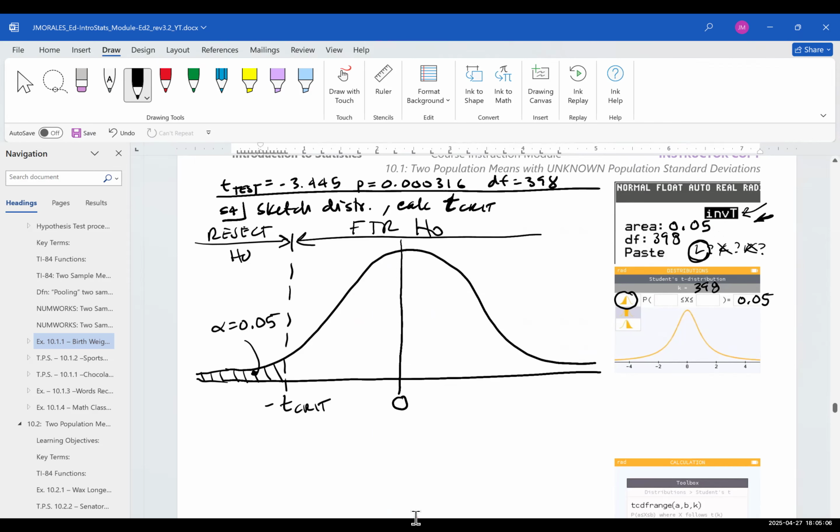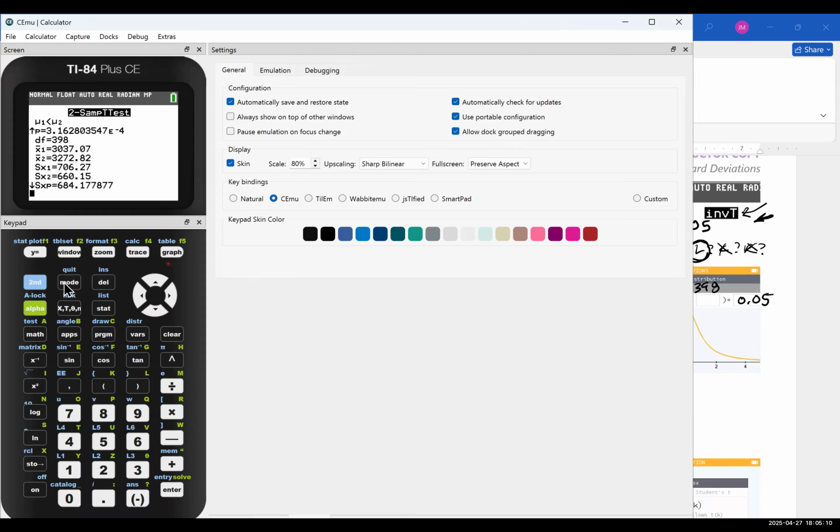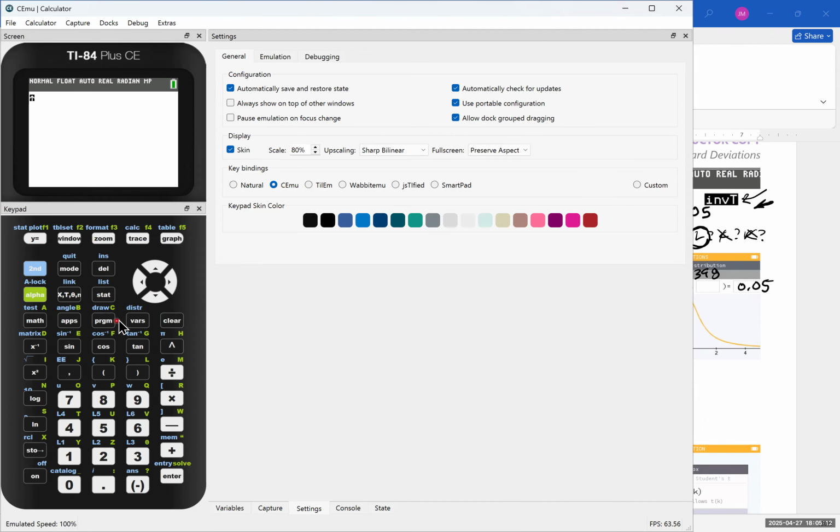All right, so let's go ahead and calculate this. Let's quit out of here. We're going to go to our distribution functions. Now we're going to go to inverse t with an area of 0.05 and 398 degrees of freedom. Negative 1.649.